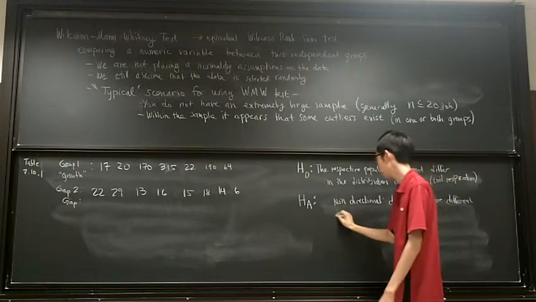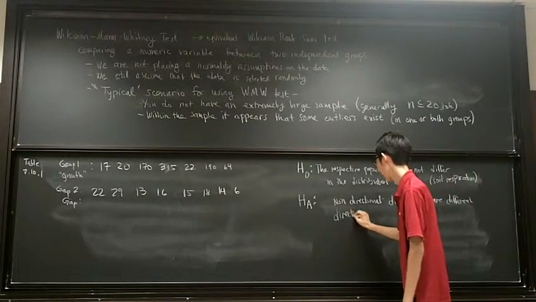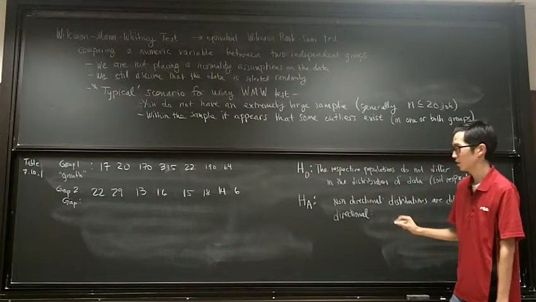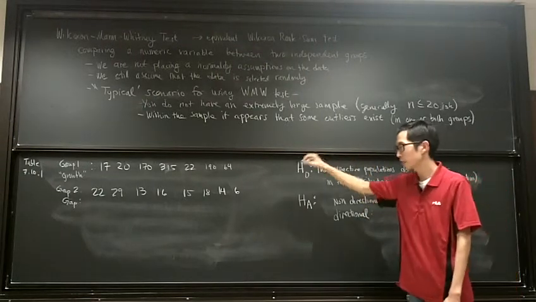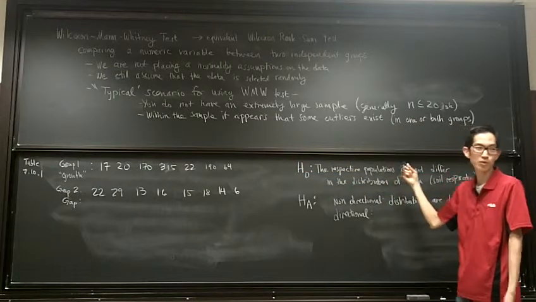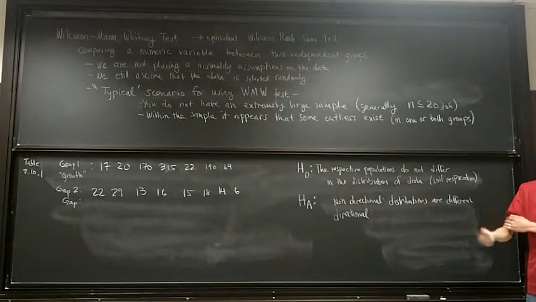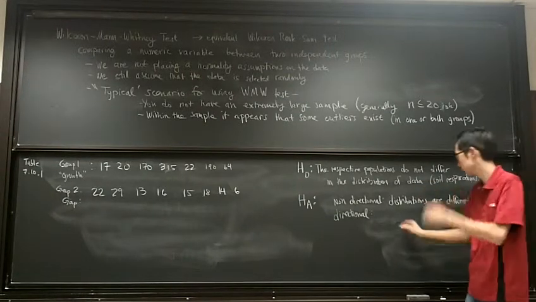And the directional alternative is that population 1 tends to produce larger values than population 2, or population 2 tends to produce larger values than population 1, however you want to say it.